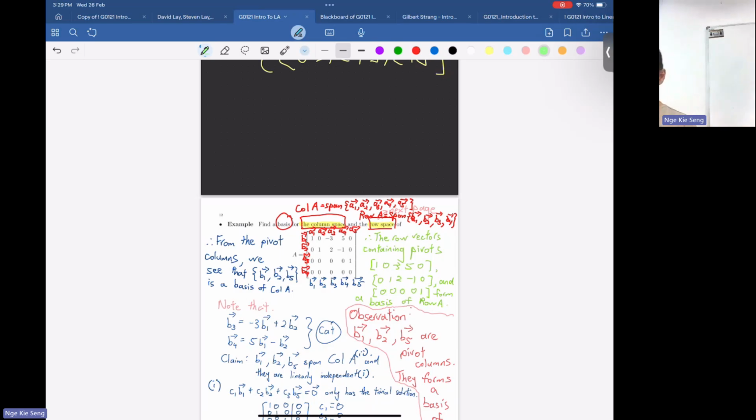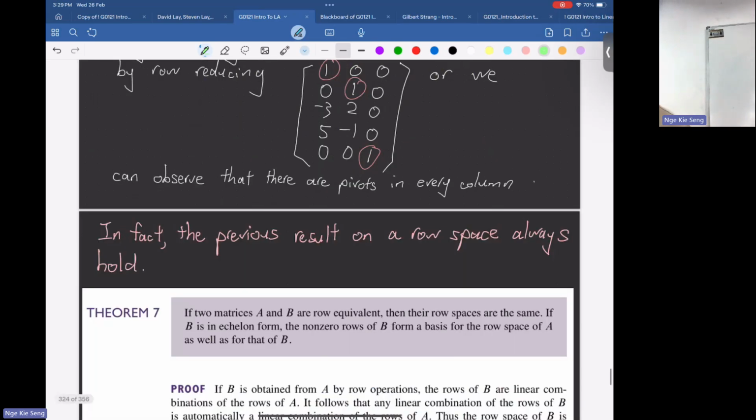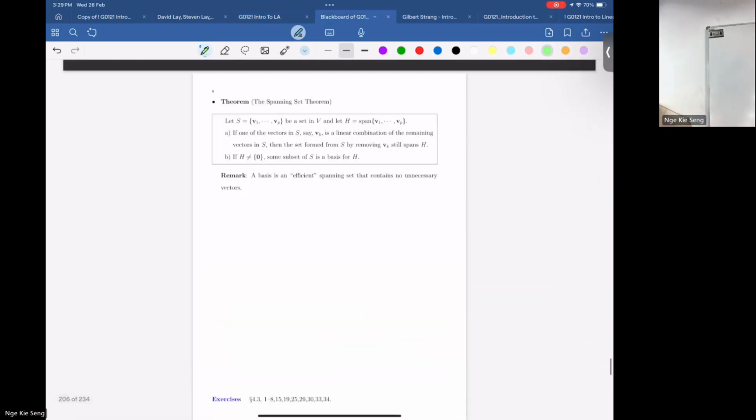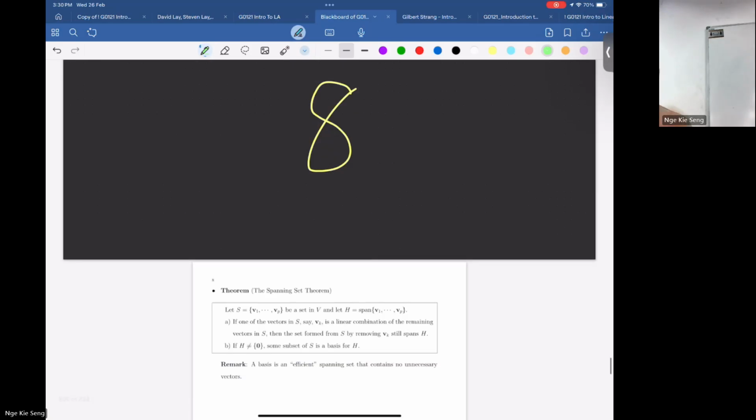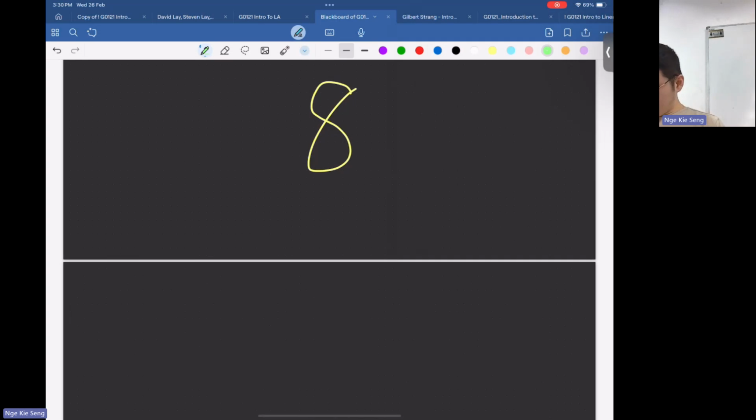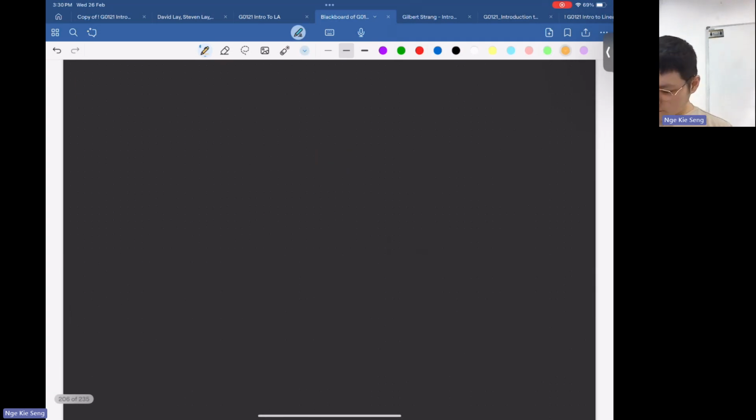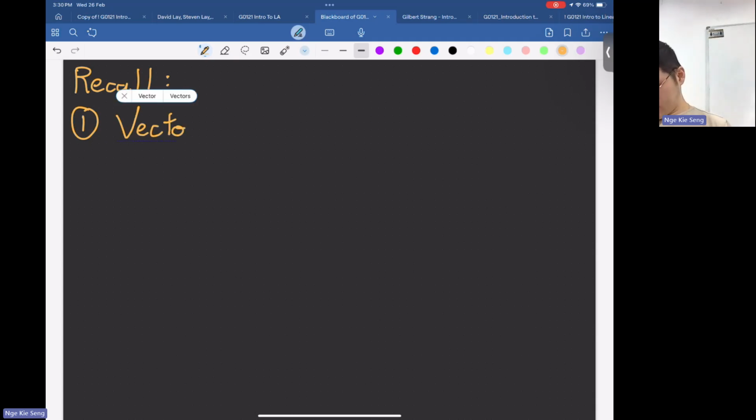Okay, so let's continue with the vector space chapter. Let's tell the whole story again. So let's recall. The first story to tell is about vector space.